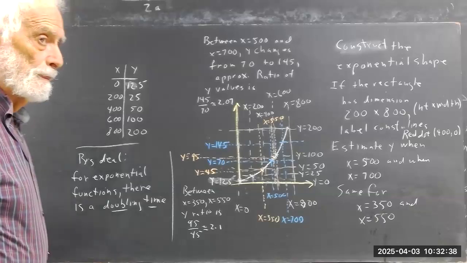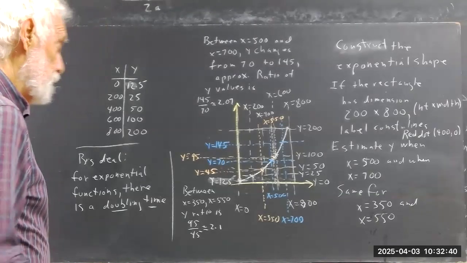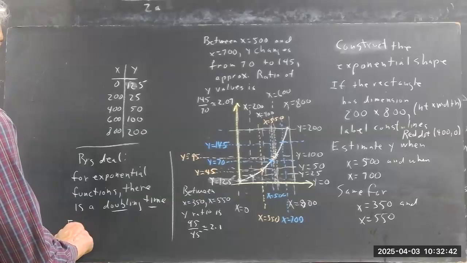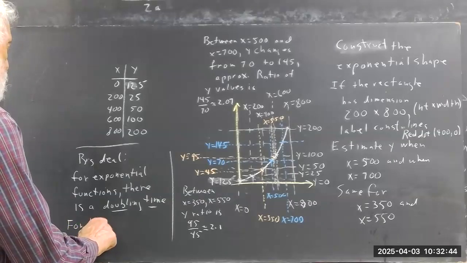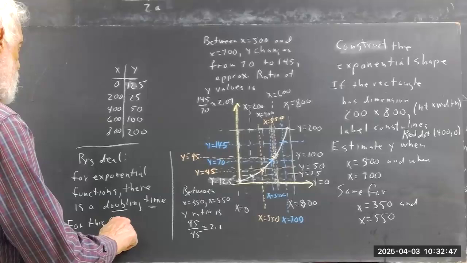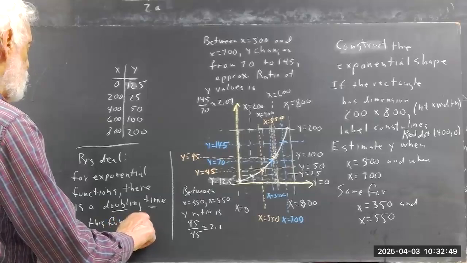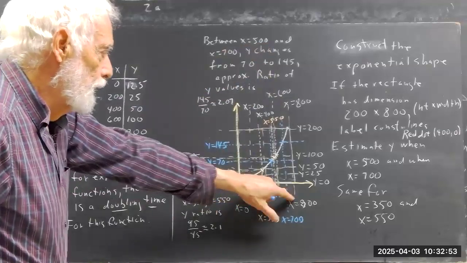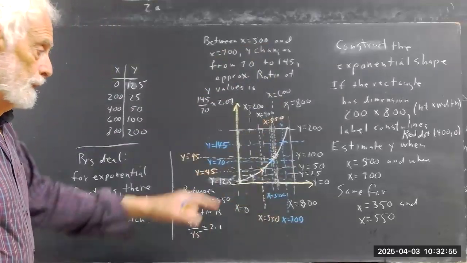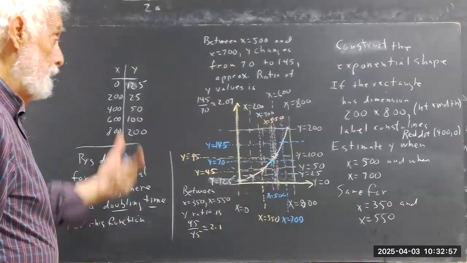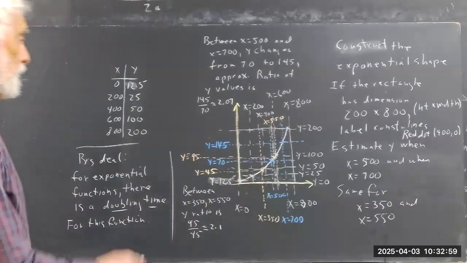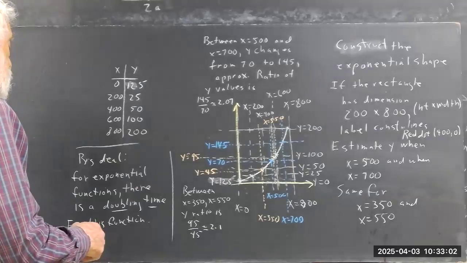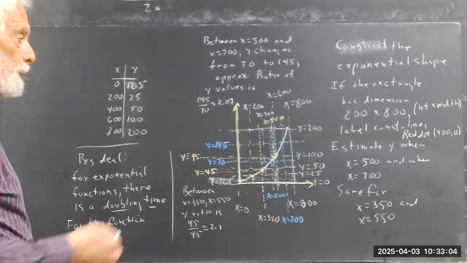Doubling time. You know, without doing a rigorous definition of that. Here just by constructing the exponential shape and then slapping the dimension on the rectangle, we get an exponential function.